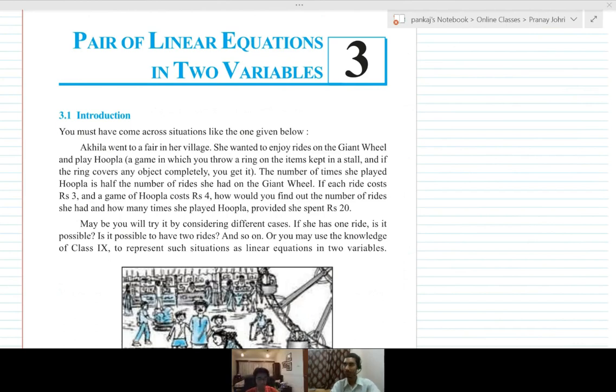So linear means the degree is one, and equation comprises of variables, constants, and arithmetic symbols, and the equation comprises of two variables. Good.